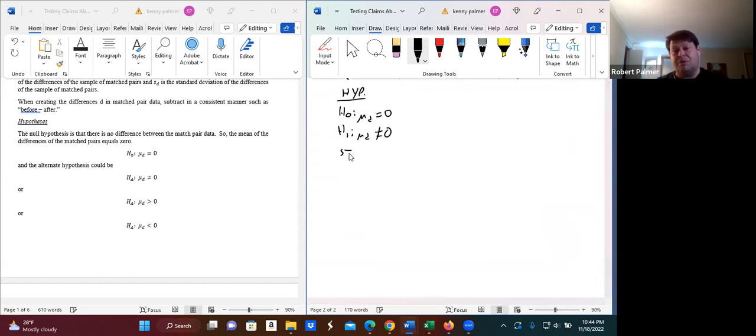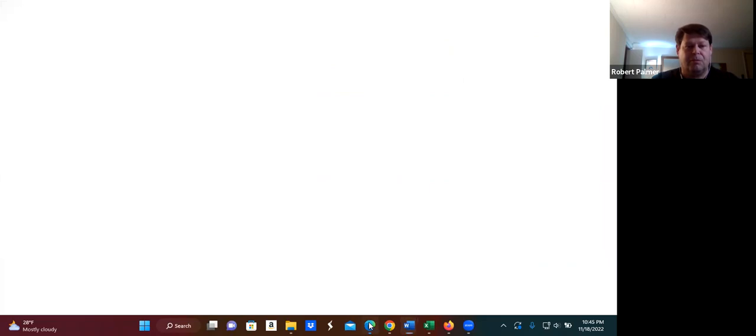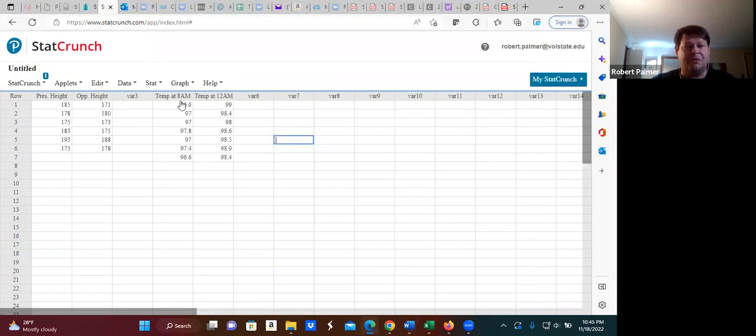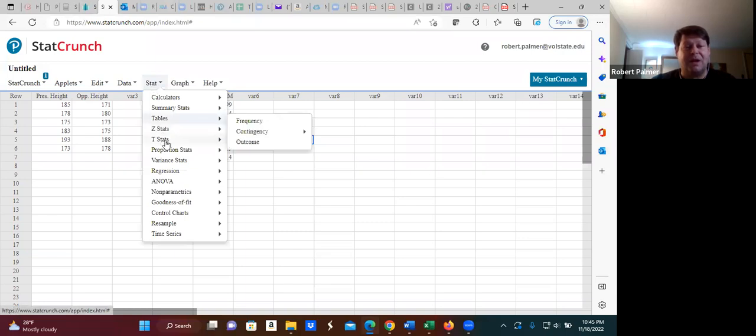So let's go to StatCrunch again, and I already have that data loaded as well. Okay, so you can see here are those data values for 8 a.m. and 12 p.m. Once again, go to Stat, go to T Stats, because we don't know anything about the population standard deviations.